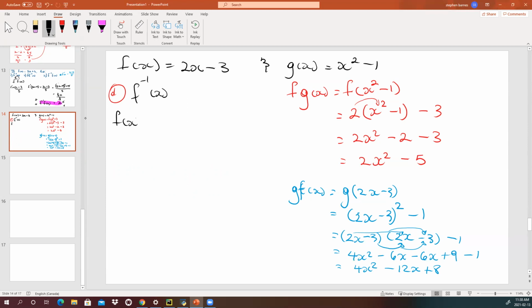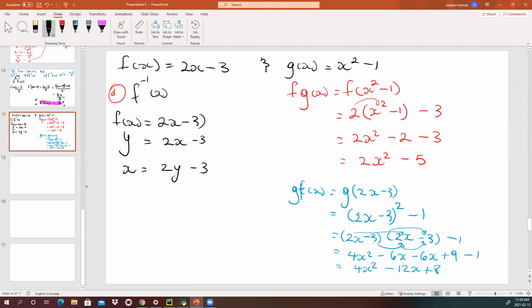F of x is equal to 2x minus 3. Remove f of x, we'll change that into y: y equals 2x minus 3. Interchange y's and x, so you have x equals 2y minus 3.